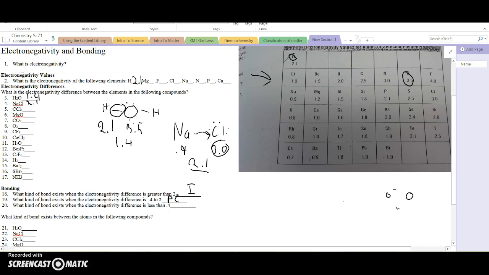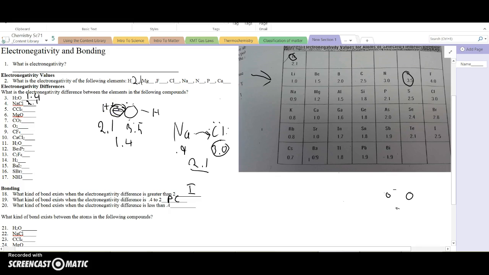So again, polarity is the unequal sharing of electrons. If we look back at our example of H2O, because oxygen has a greater electronegativity, this shared pair of electrons right here, those electrons, they're going to hang out closer to oxygen than they are to hydrogen. Because electrons are negatively charged, that makes that side more negative, making this side more positive.